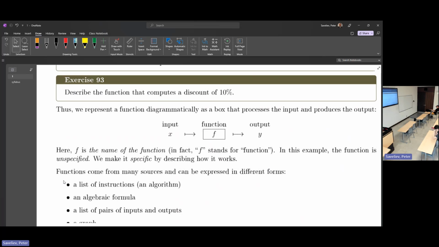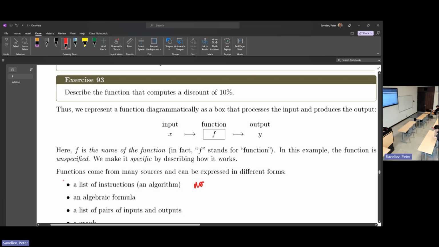The algebraic formula, when you substitute, gives one single formula, which may be cumbersome, but maybe there's a point to substituting. Maybe there will be cancellation, or you might see something insightful in a simplified formula. A list of pairs of inputs and outputs is what we started with. So this is now general. That's what functions are. This is what we started with. So that's been a while.